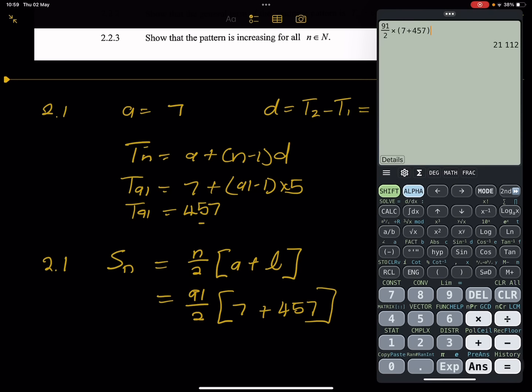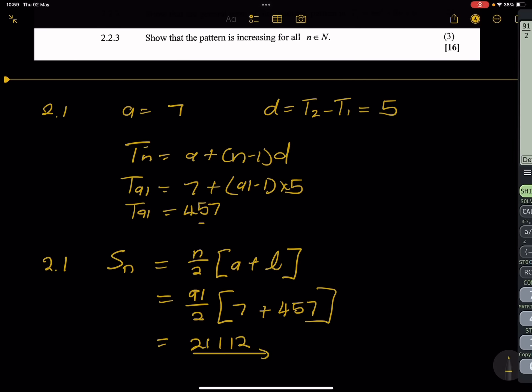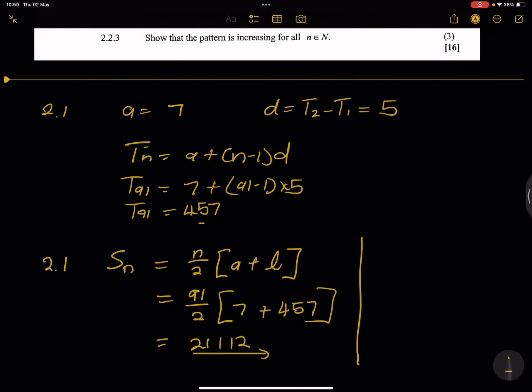We close that, and that means the sum of the first 91 terms will be 21,112. Of course, nothing wrong if you decided to use the other formula, the one that is usually given. So it says n over 2.